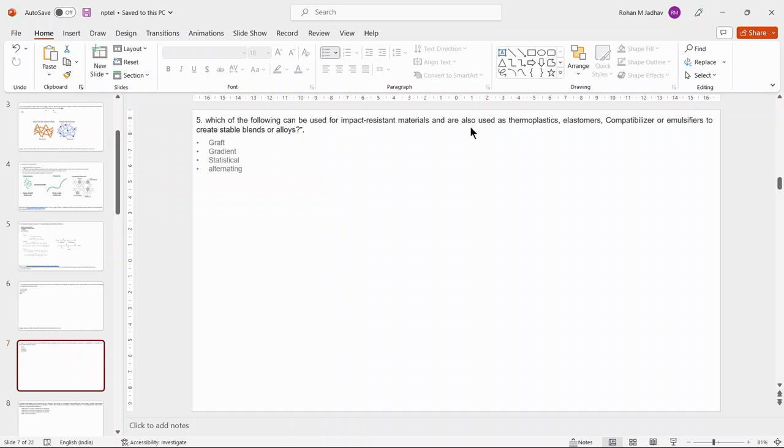Impact-resistant materials are formed from graft polymerization. Grafting increases a polymer's force dissipation capacity. If a polymer is able to better dissipate force, it will increase its impact resistance, and that is exactly what graft polymerization does.